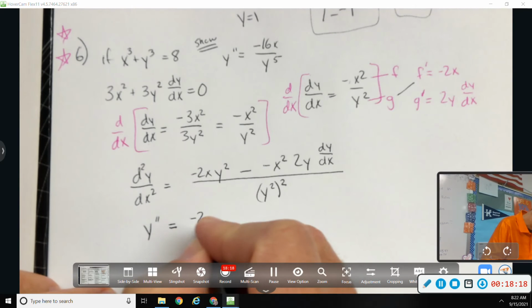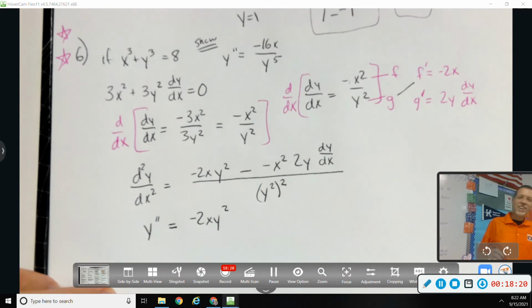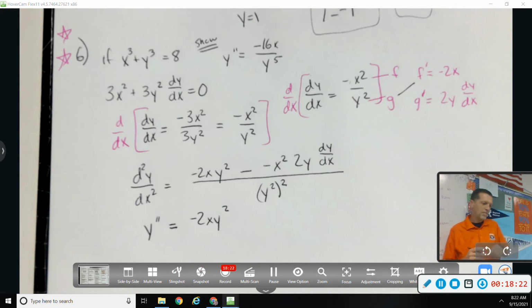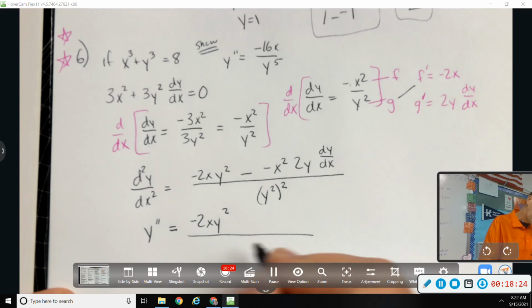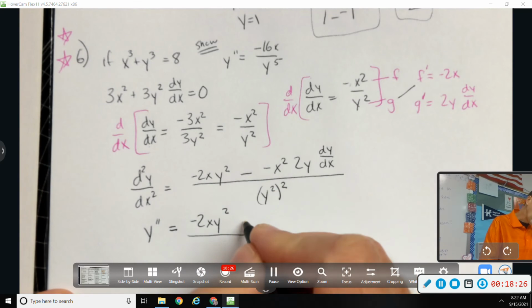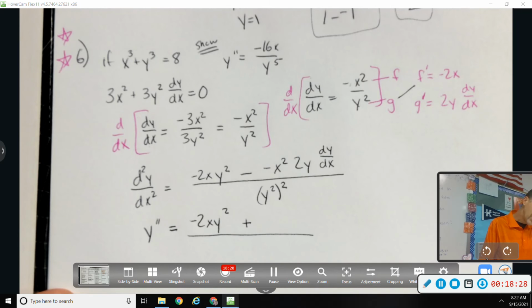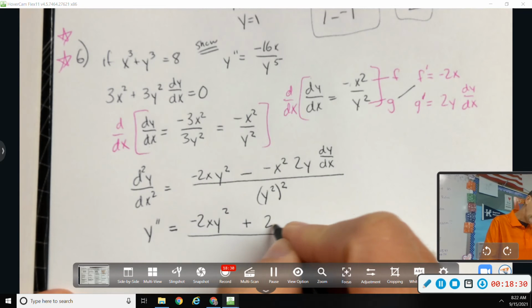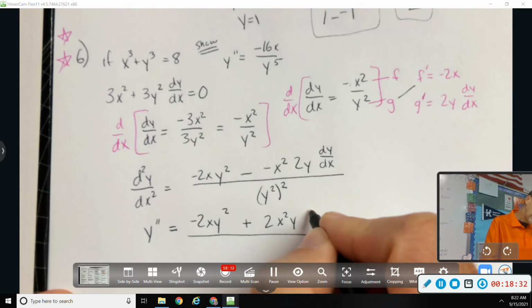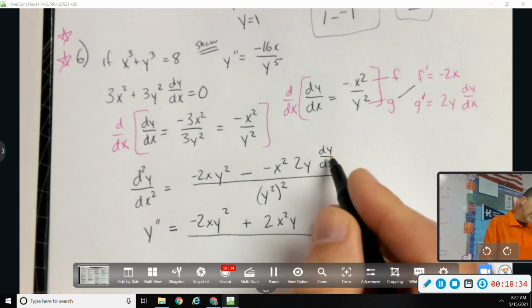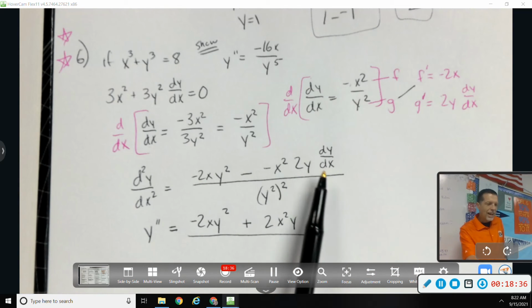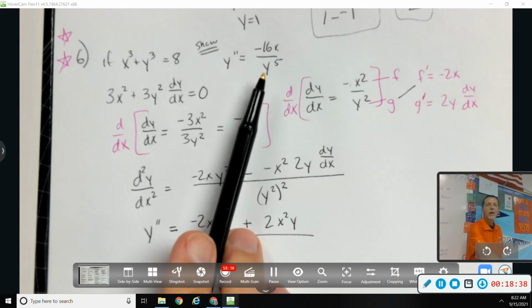Yeah, we get it. Let's clean it up a little bit, see what we can do here. Minus minus becomes a plus. 2x squared y dy dx. My answer that I want doesn't have dy dx in it.